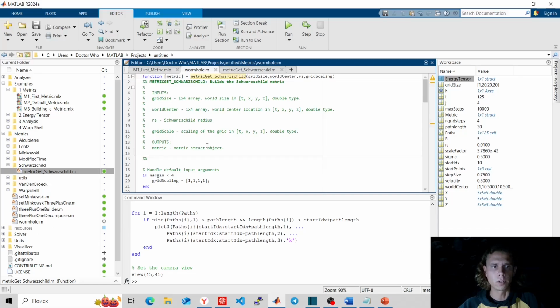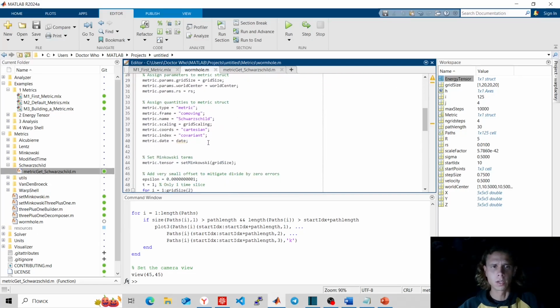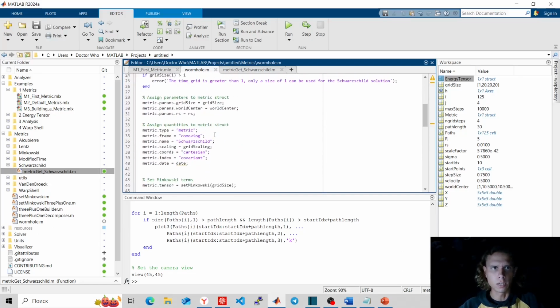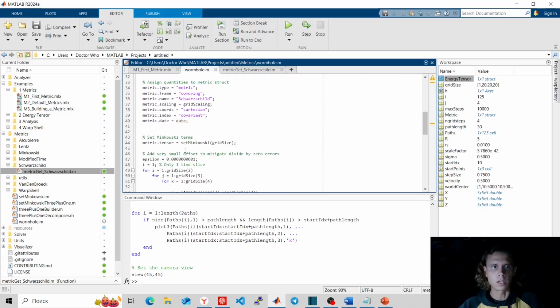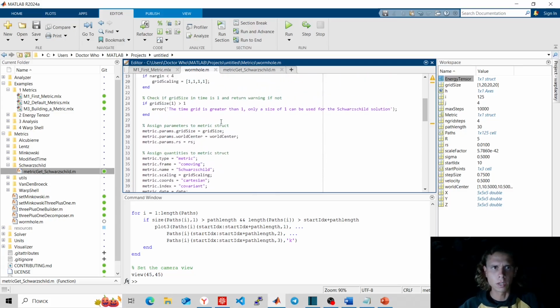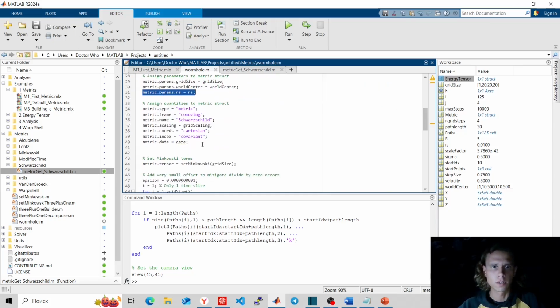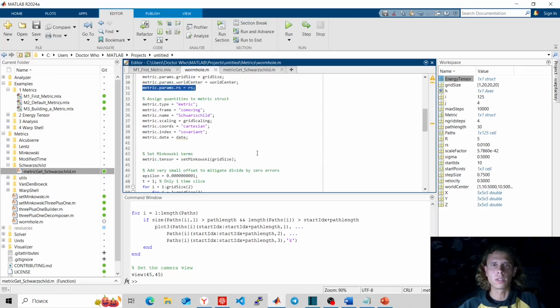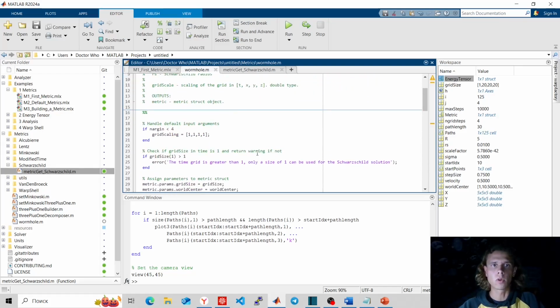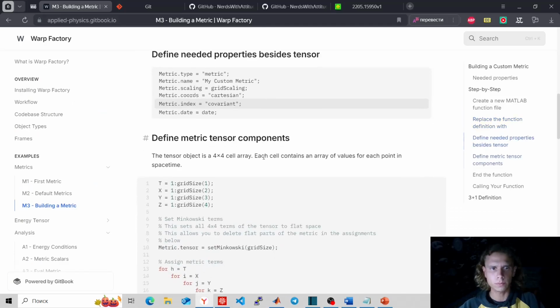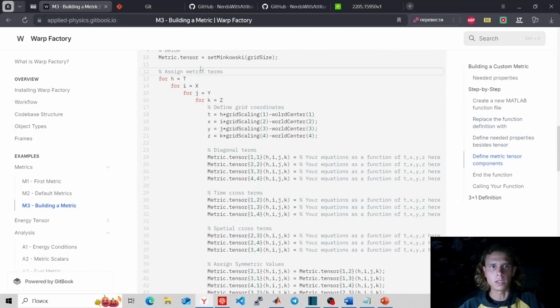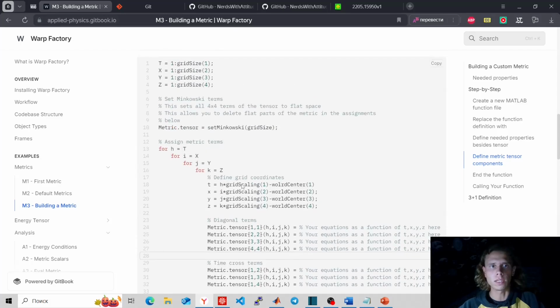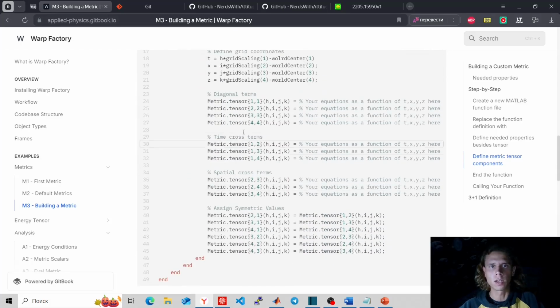For example, for the Schwarzschild metric, the parameter is the Schwarzschild radius, and that's it. For the wormhole, we will have our own custom parameters. And then I need to fulfill this definition of the metric.